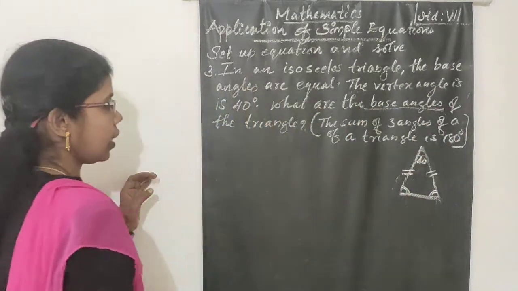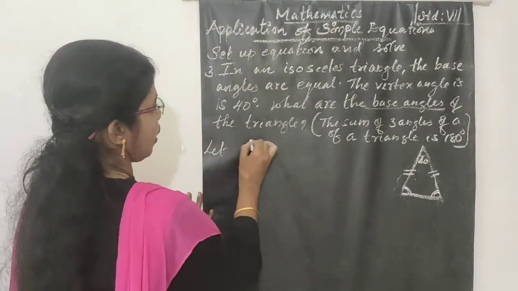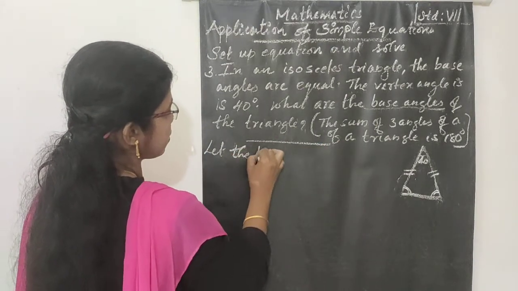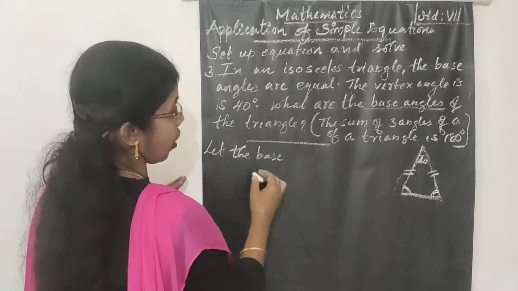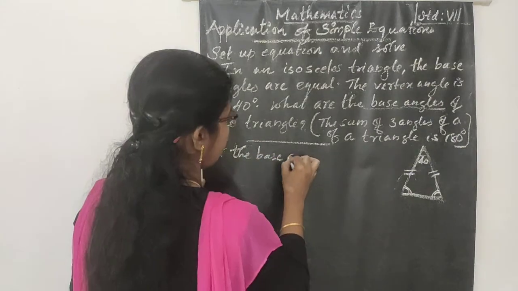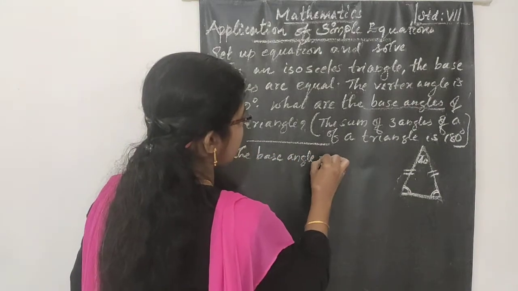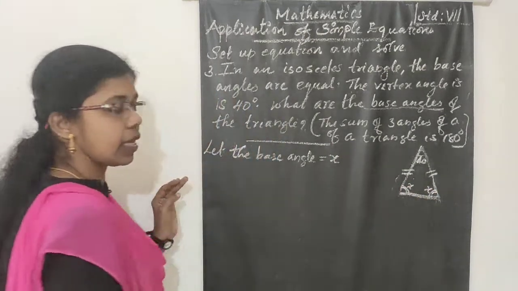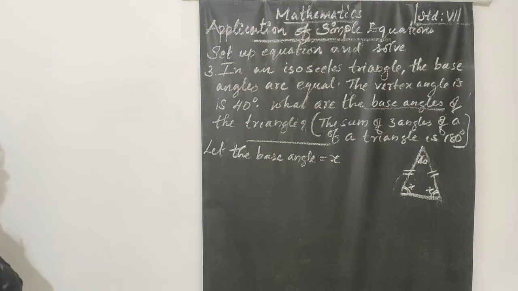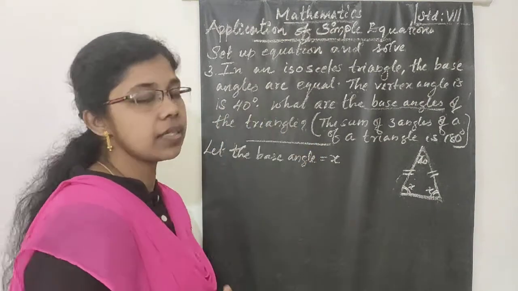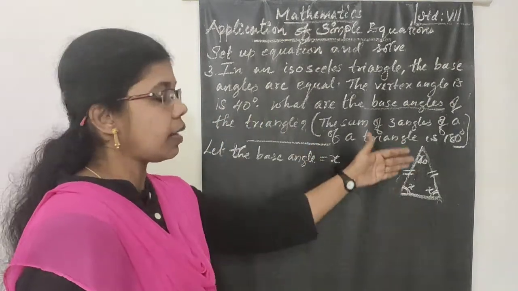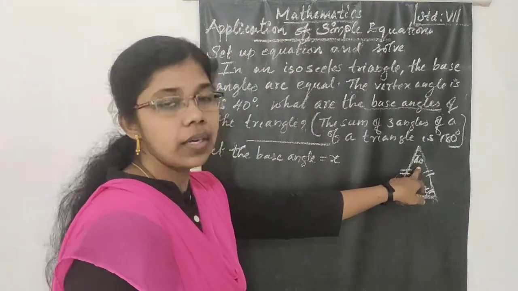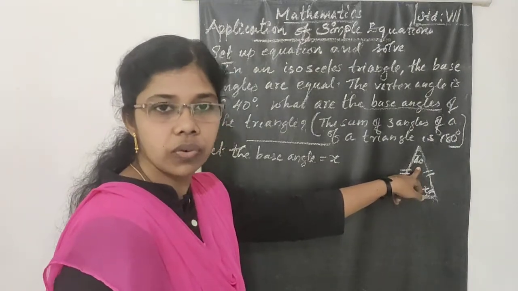Here we let the base angle equal x. What is the measure of the base angle? That is equal to x. Base angles are equal because this is an isosceles triangle. The other angle is given, that is 40 degrees.